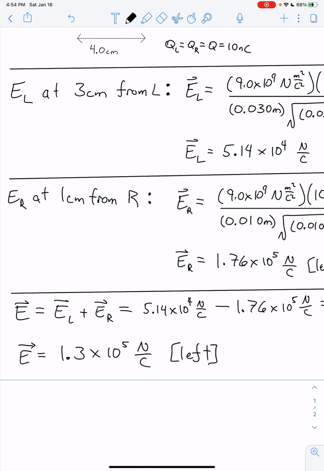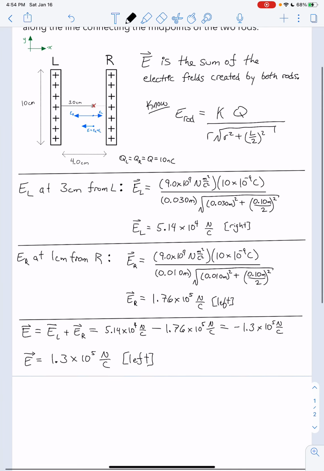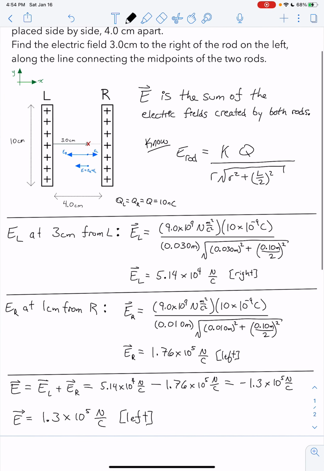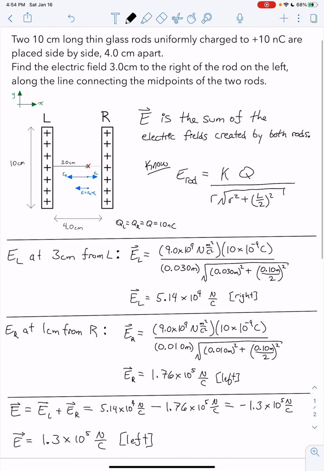In the context of the question, which is about left and right, I think that's a reasonable way to express the answer. But you have to be careful when adding the electric fields to keep track of the fact that they're in opposite directions. The common mistake would be to just add the magnitudes together, and that's not the case. Okay, so that's it.